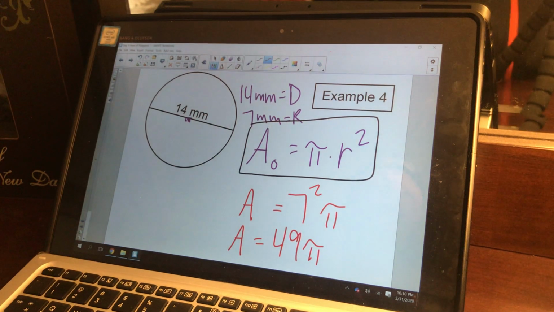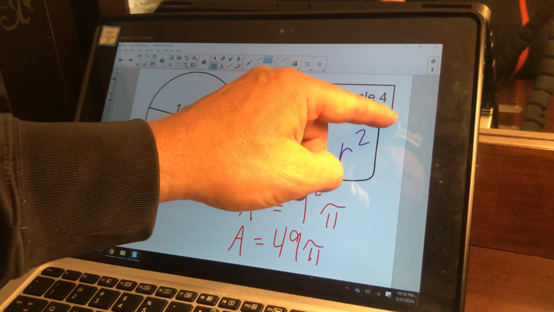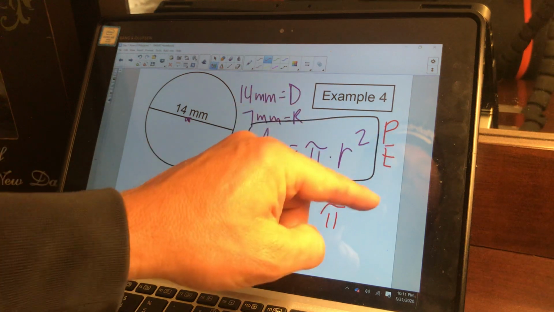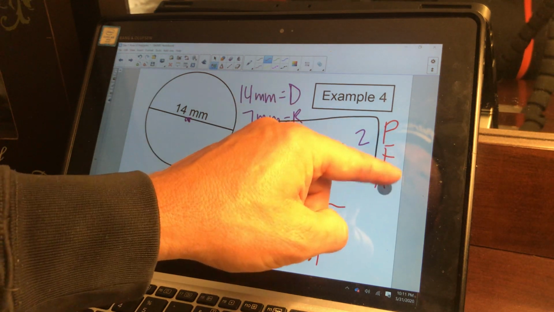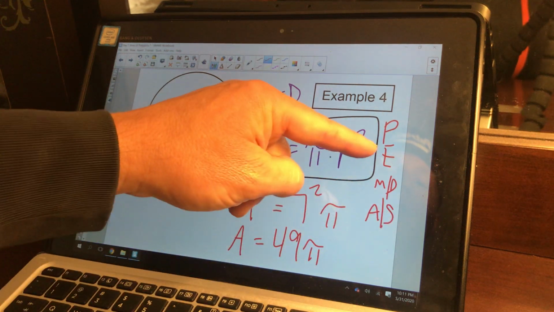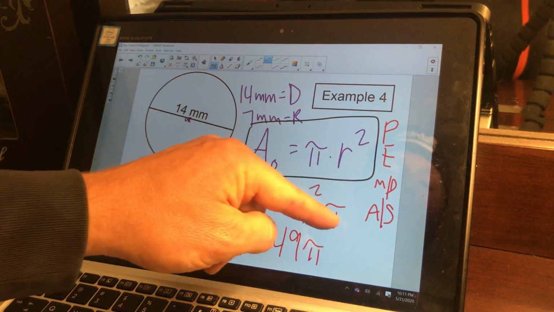Now guys, make sure that you do the squaring of the radius before you multiply it by pi. I caught some kids doing that last unit where they would go 7 times pi and then square it. Remember the order of operations. Anything in parentheses, anything at exponents, any multiplication or division, and then addition or subtraction. That exponent on the 7 comes before multiplying.